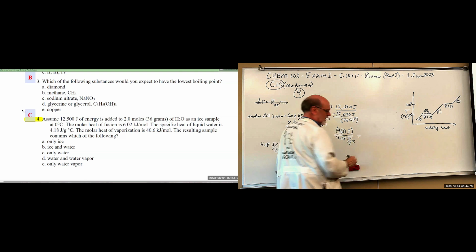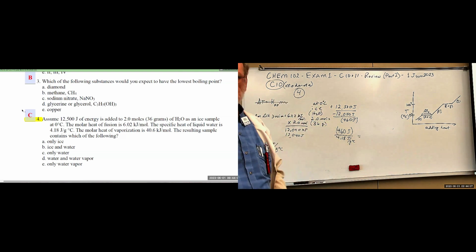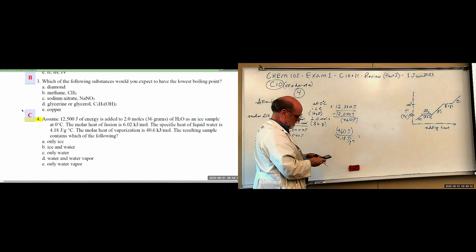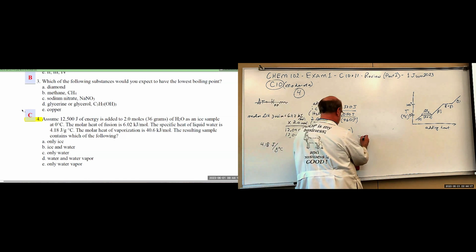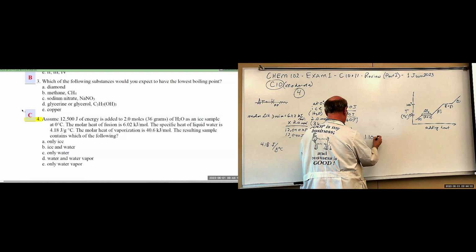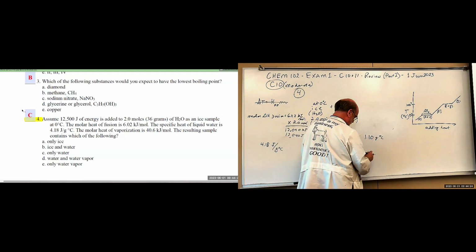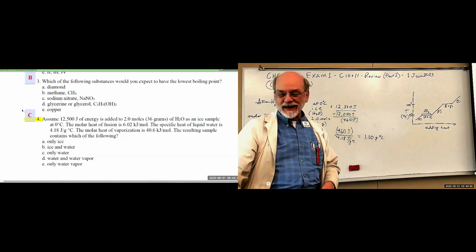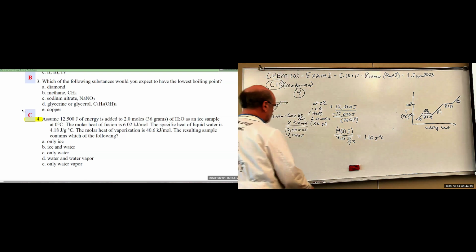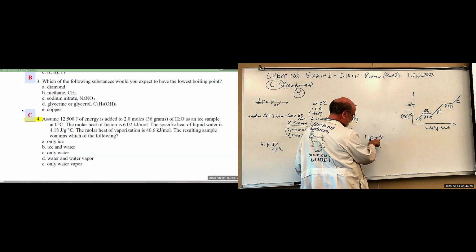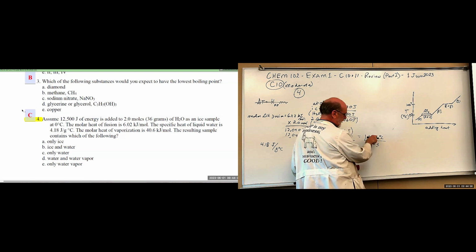Let's do it step by step. I think that'll make more sense. Okay. So 460 divided by 4.18 is 1.10 what? Grams degree C. Okay. How many grams do we have of our substance? We have 36 grams. So 36 grams needs to be divided into this in order to cancel the grams, right?